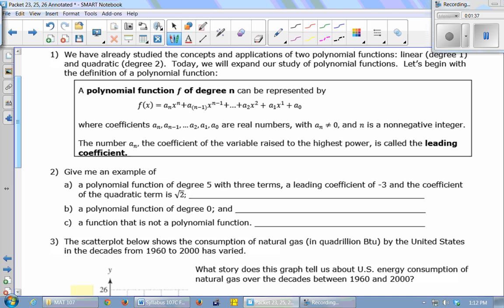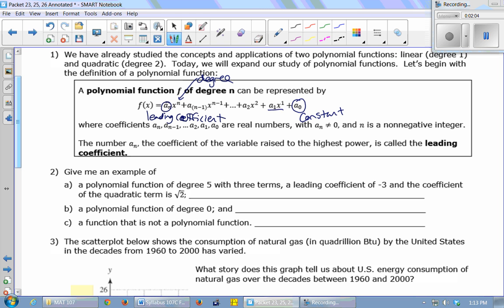Okay, so n is the highest power on x, that's your degree. The coefficient on the highest power of x, that's called the leading coefficient. This number at the end that has no x with it is called the constant term.